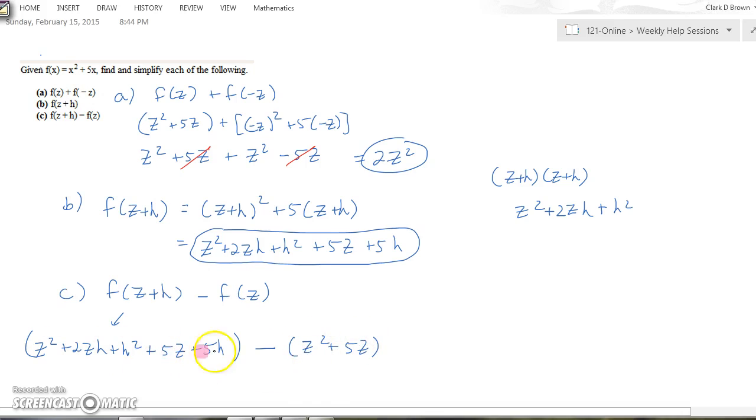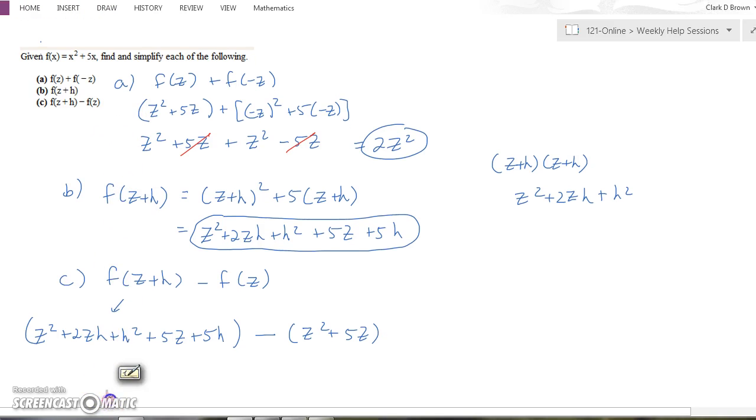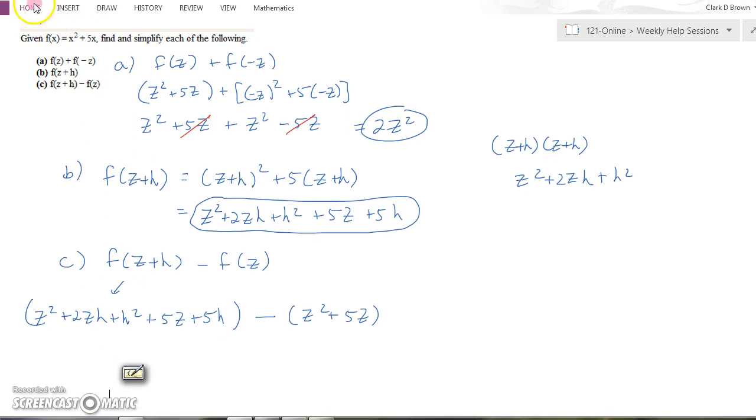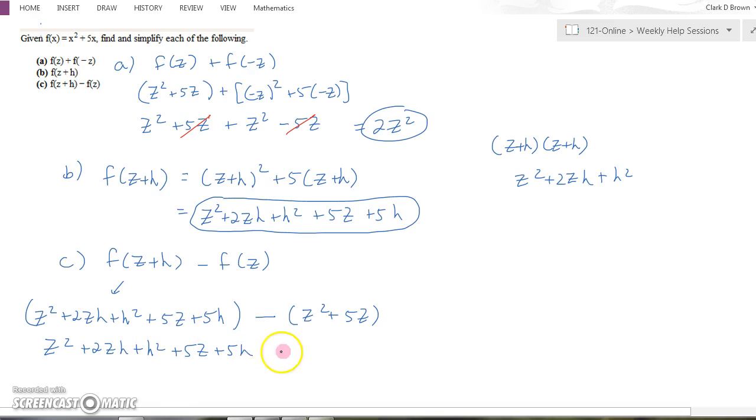All right, so I need to get a little bit more room here. There we go. And so this is going to give me z squared plus 2zh plus h squared plus 5z plus 5h minus z squared minus 5z when I distribute that.